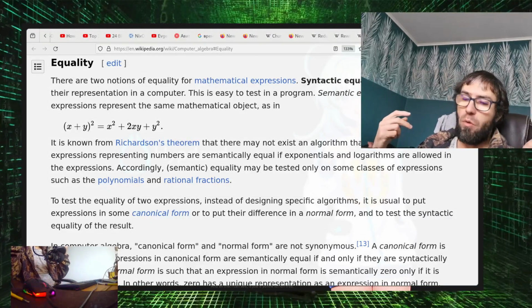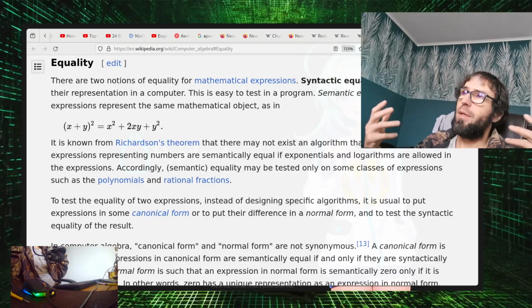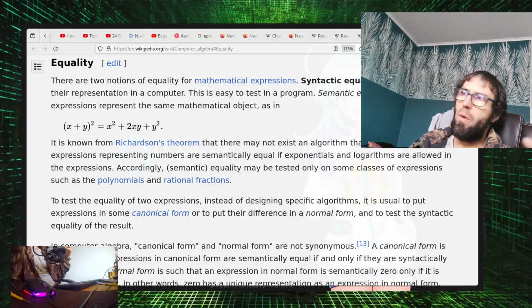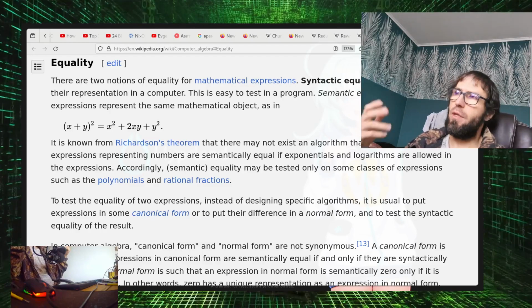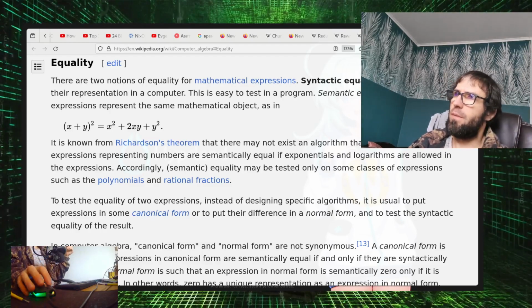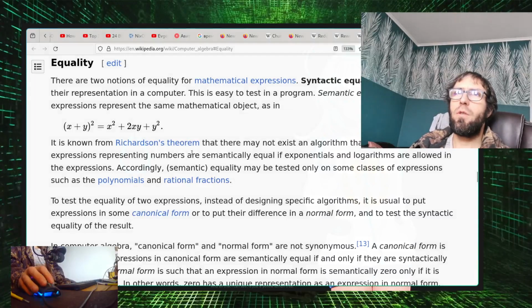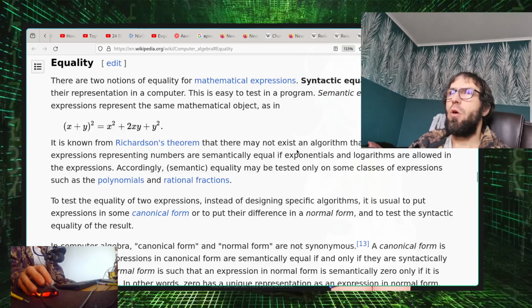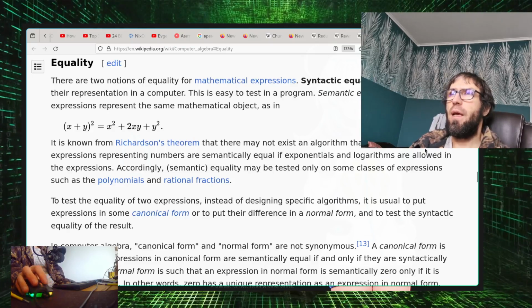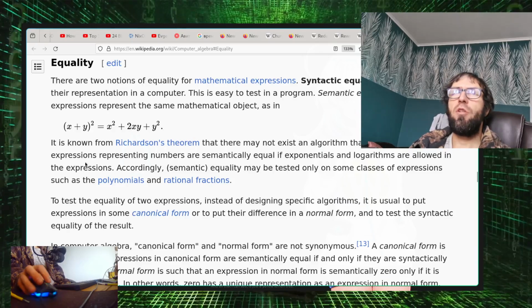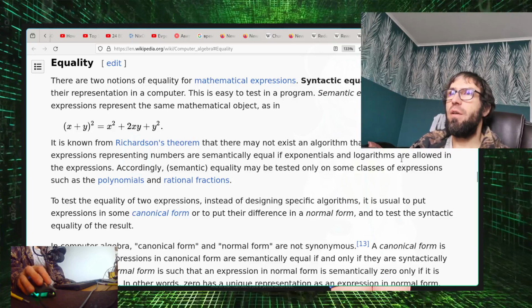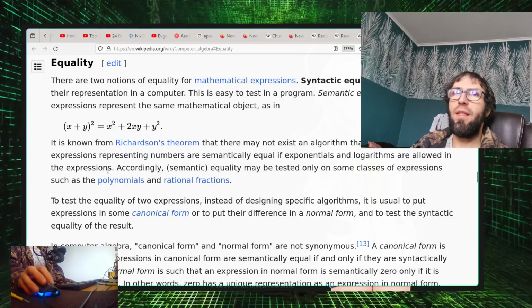And the mathematical object is something like a Platonic idea sitting inside our head, but it is not a representation in some data structure or other encoding. There is a Richardson theorem that says that there may not exist an algorithm that decides whether two expressions representing numbers are semantically equal if exponential and logarithm functions are allowed in the expression.